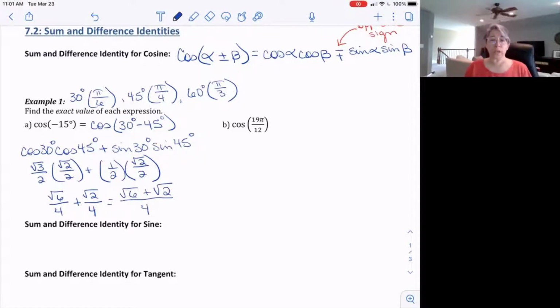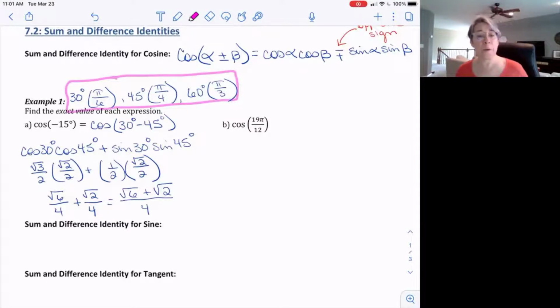So for the second one, cosine of 19 pi over 12, that's a little tougher because we don't know any of our radians with a denominator of 12. Notice of the ones that we do know, all of those denominators divide evenly into 12. So we want to write that 19 twelfths as an addition of numbers that would reduce that 12.